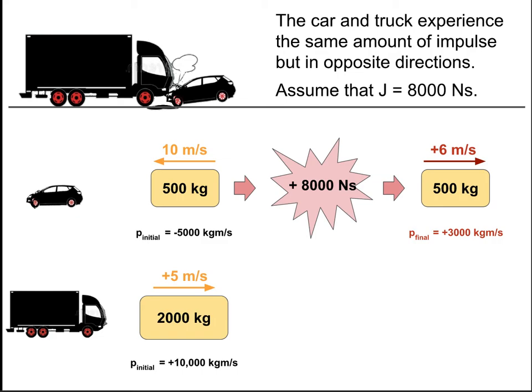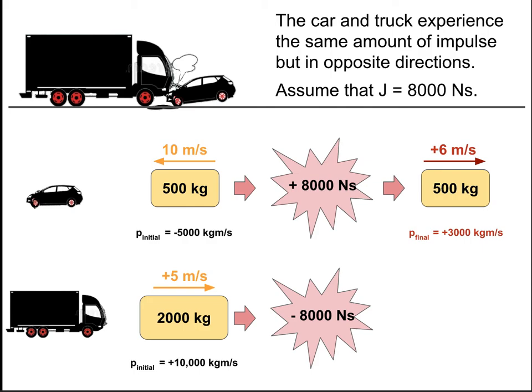Now, it's going to feel the exact same amount of impulse, 8,000 Newton seconds. However, the truck pushes to the right on the car. That's why this was positive. But the car pushes to the left on the truck. So again, Newton's third law, equal and opposite ideas.